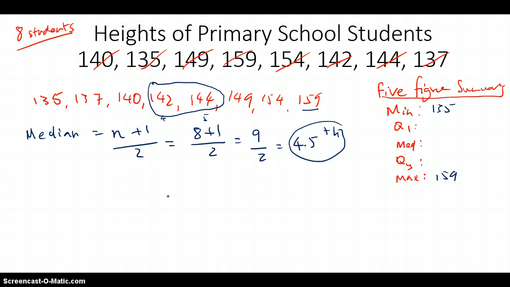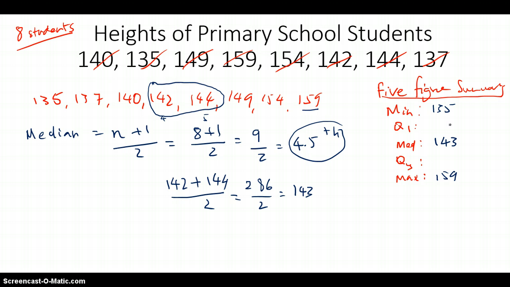But just in case you get other numbers, what you need to do is add them together. So 142 plus 144 and then divide it by 2. So what you'll get is 286 divided by 2, which is 143. So for this case, the median will be 143.